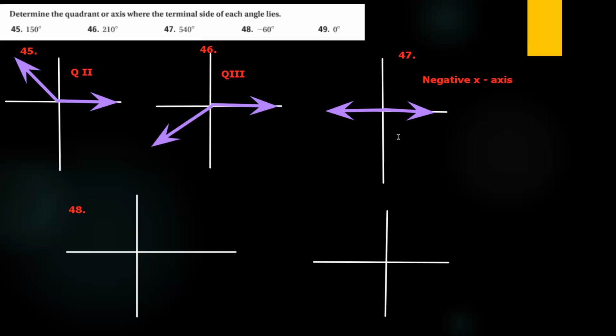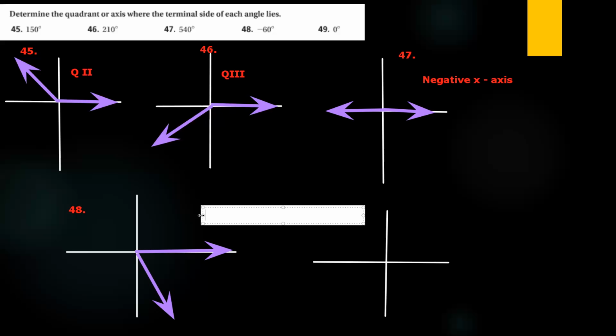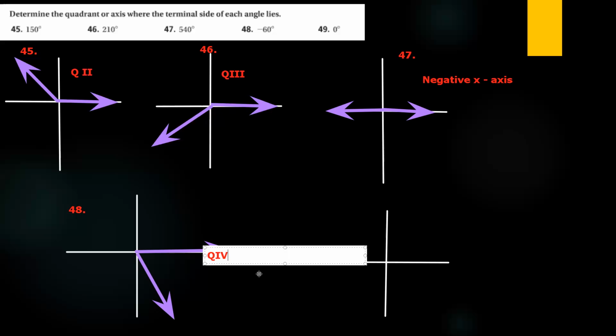So negative 60 means it is in the fourth quadrant, quadrant 4.